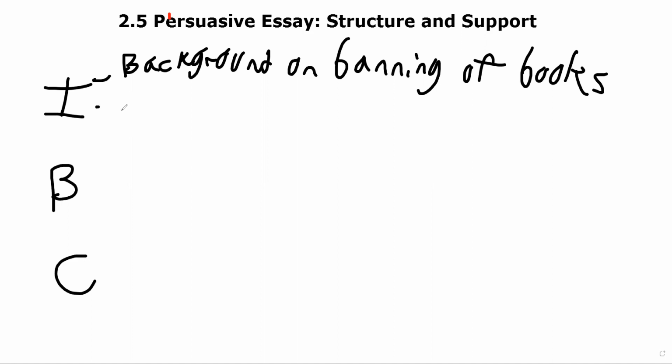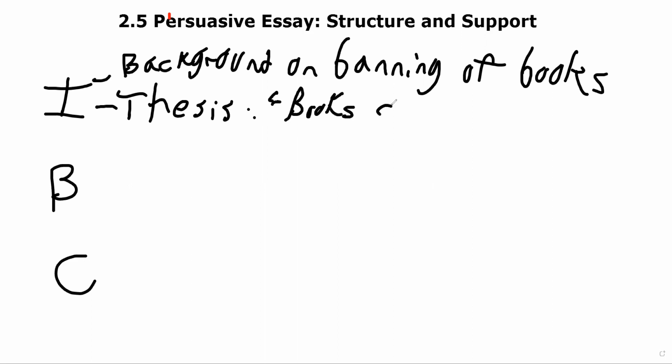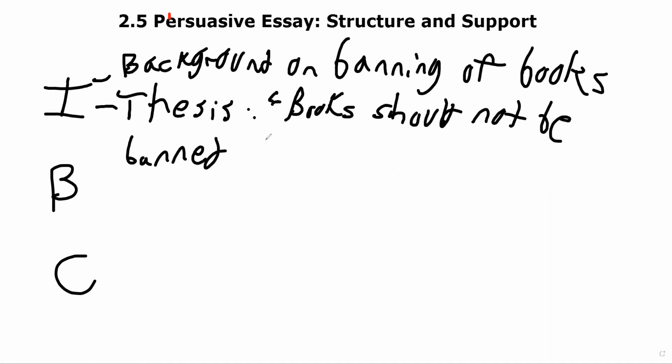And then we would want to move into our thesis statement. So again, we want to be clear and firm with our thesis statement. In this case, it would be something like books should not be banned because, so I want to emphasize this, we will always want to introduce our evidence within our thesis statement.